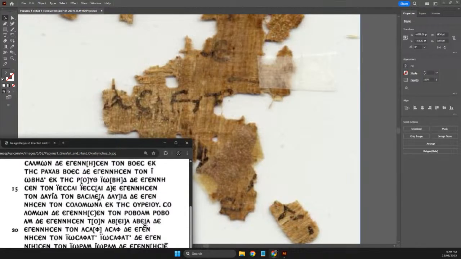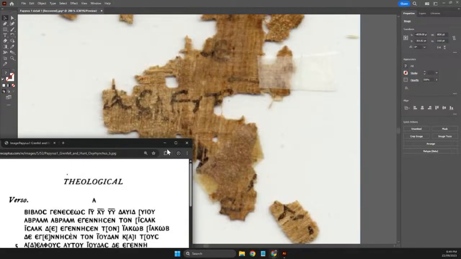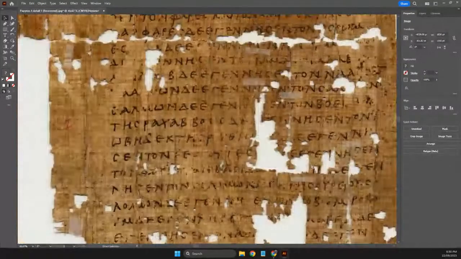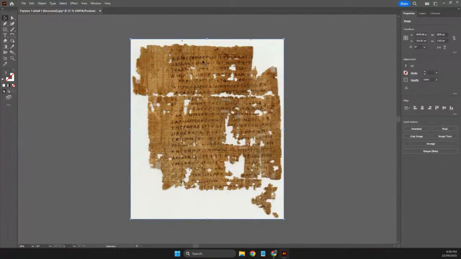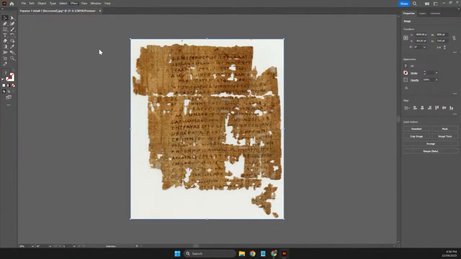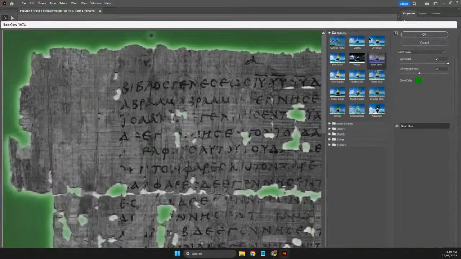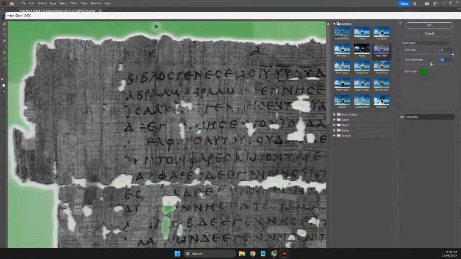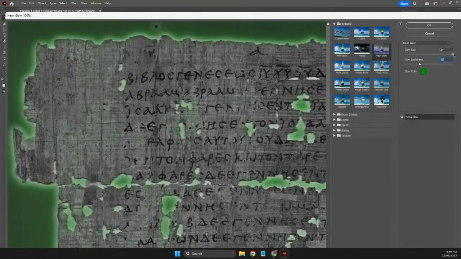Very interesting. I'll just zoom out a little bit. We want to put this into a filter effect, and we'll check out some of these letters under a filter.